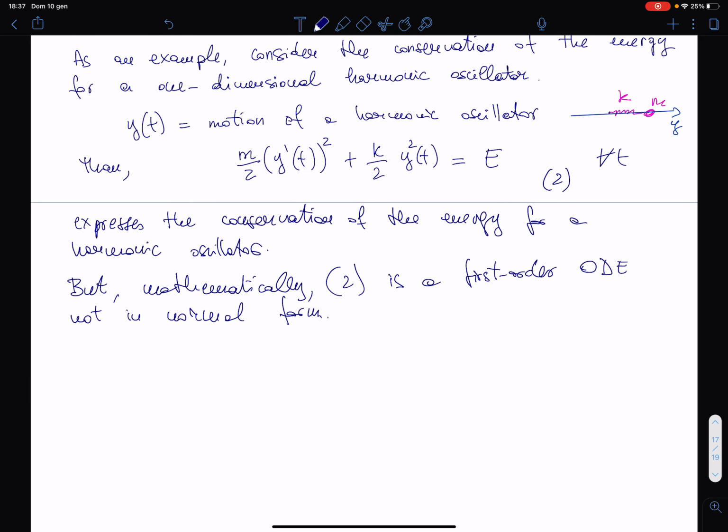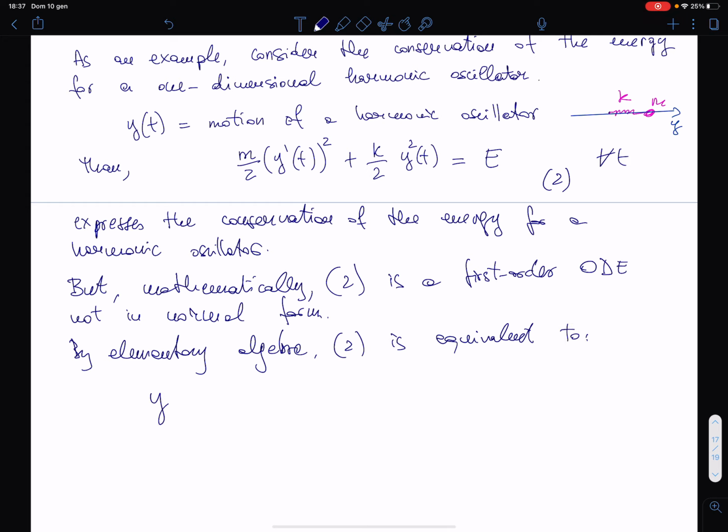Now, by elementary algebraic passages, we can see that this expression is equivalent to the following. So 2 is equivalent to y prime equals plus minus square root of 2 over m times E minus k over 2 y squared.